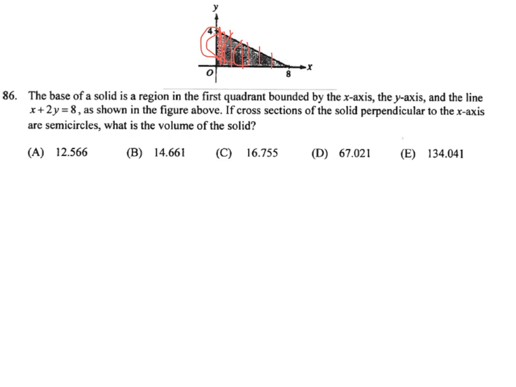So we want to know the radius of that, and the radius is going to be half of the y value. So that's the radius of that. So what is the area going to be? Well, it's going to be 1/2 times the radius squared, but then times a half times pi. So that is a semicircle.